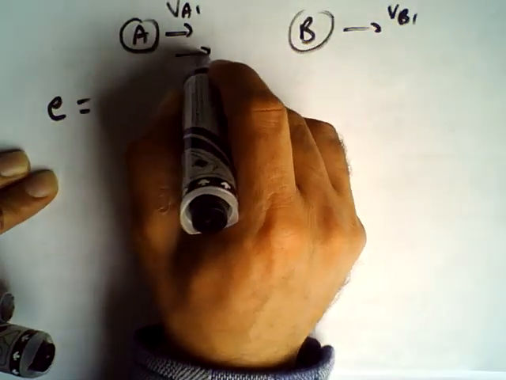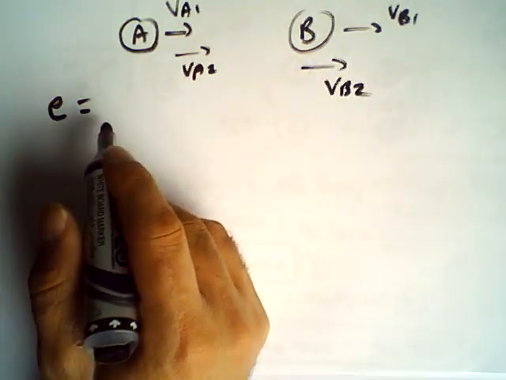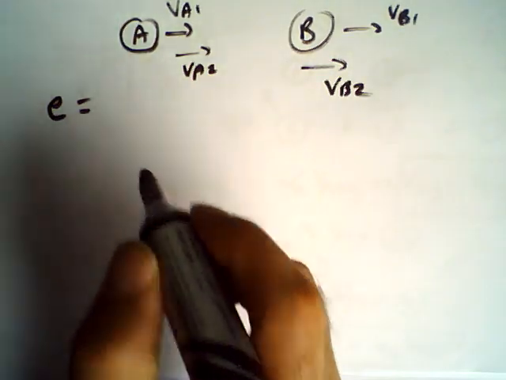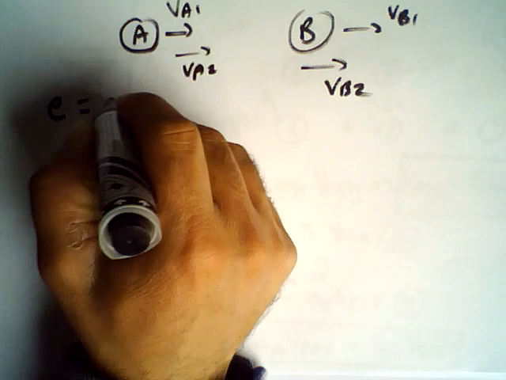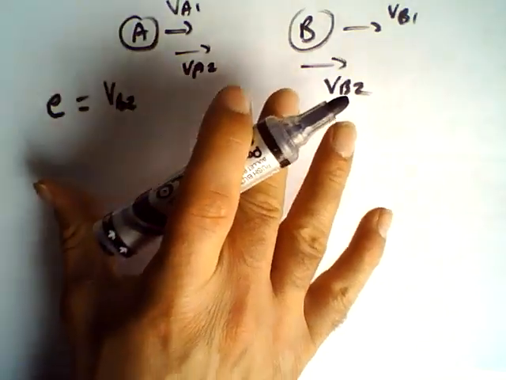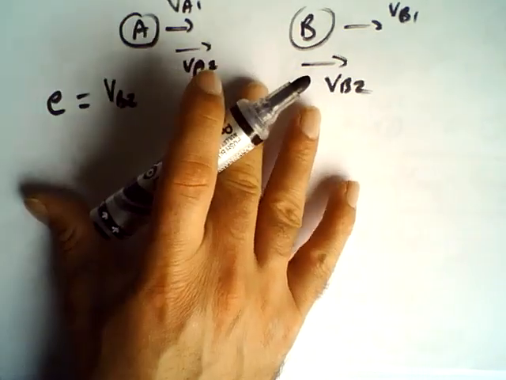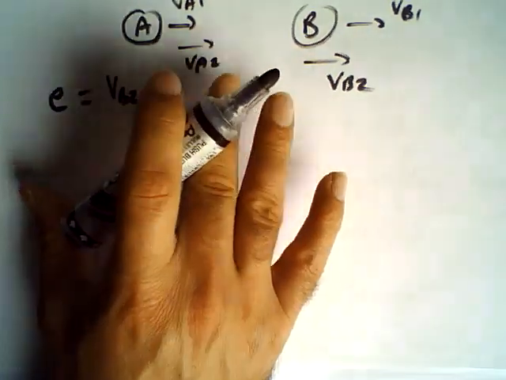After the impact, again, I'm assuming this is my positive direction, VA2, VB2. My coefficient of restitution is going to be equal to the ratio of these velocities, and the coefficient of restitution, guys, only applies along the line of action.